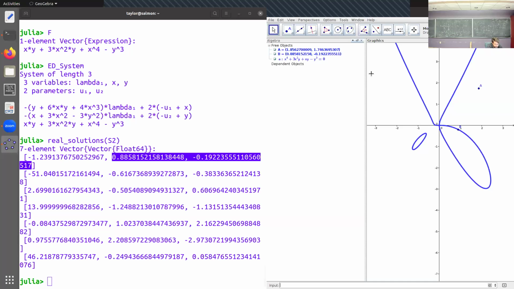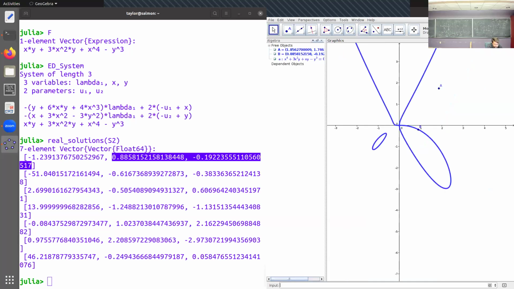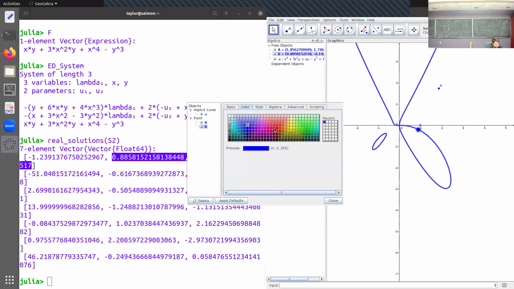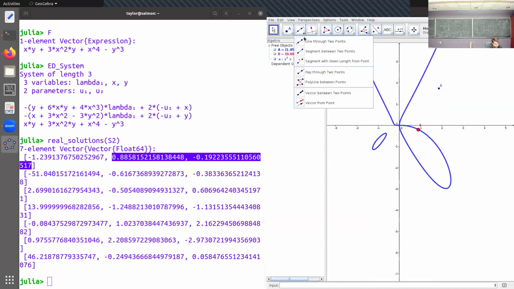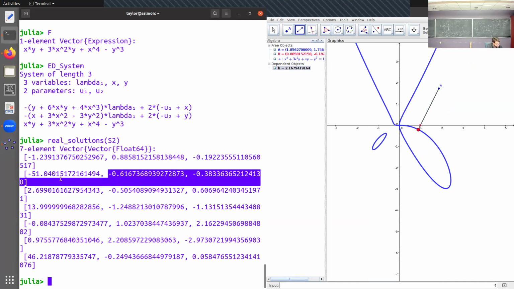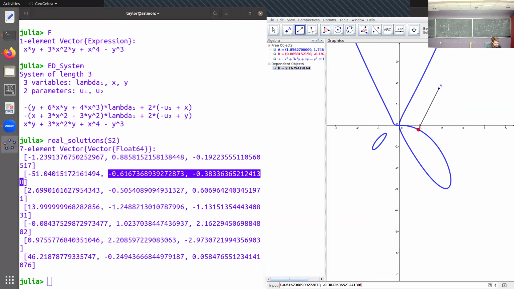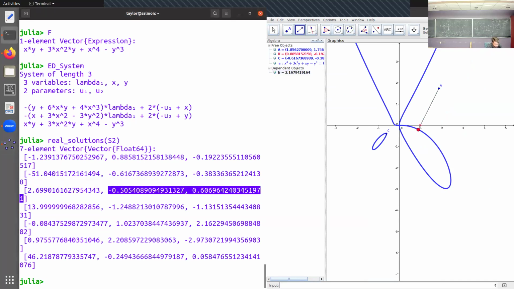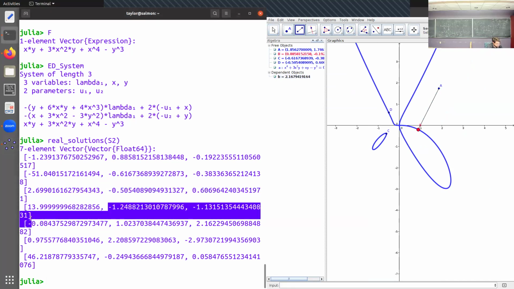But there's a point instead. Let's see if we can see this one better. Yeah, there it is. Big, red, boom. Line segment. That's perpendicular, okay? See that? So let's get all of them in. If you're super savvy with Julia, you know how to make all these plots super quick.